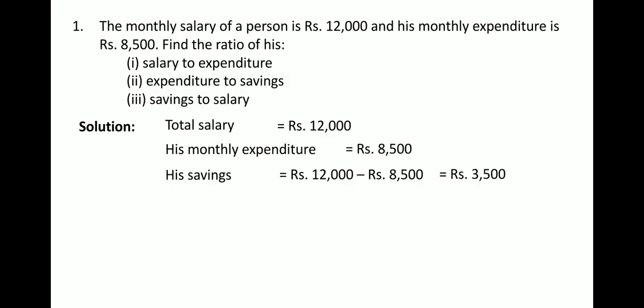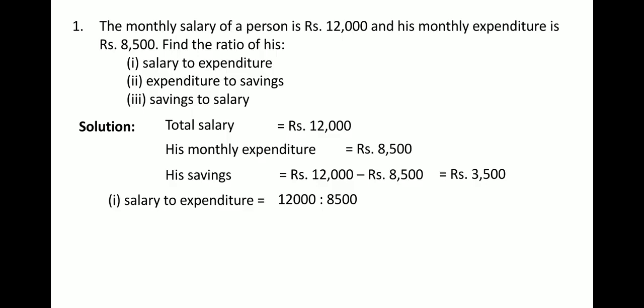So the first ratio that we are supposed to find is the salary to expenditure ratio. His salary is 12,000 and his expenditure is rupees 8,500. So 12,000 is to 8,500.